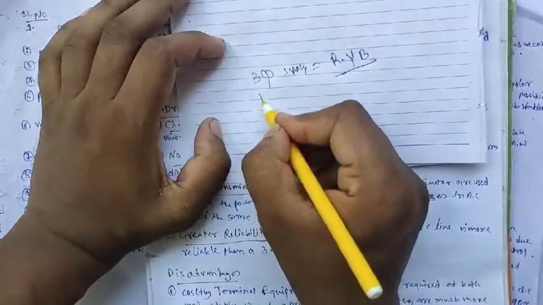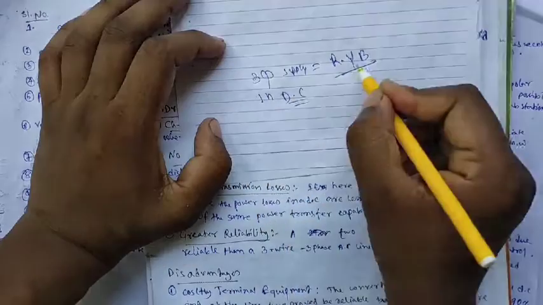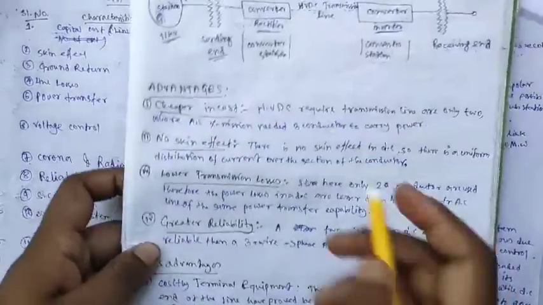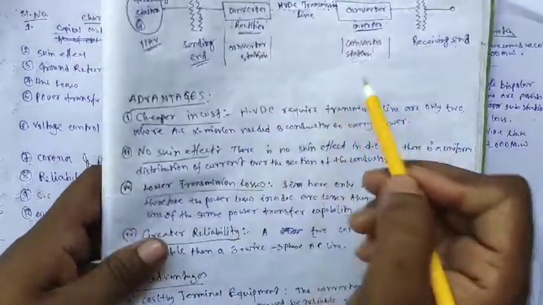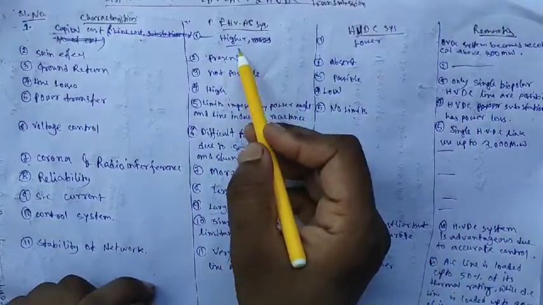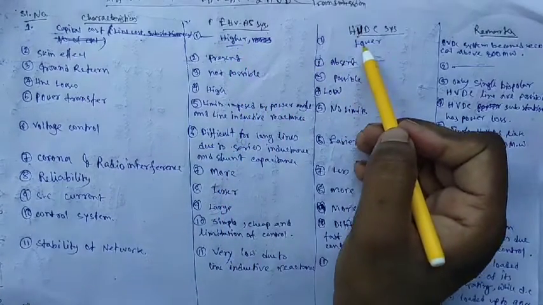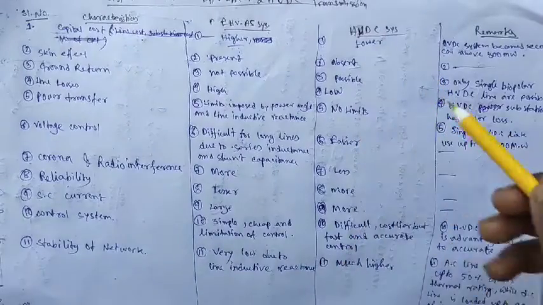But in DC we don't need three conductors, only one conductor and one earth wire. So the capital cost of the extra high voltage AC system is much higher than the high voltage DC system.